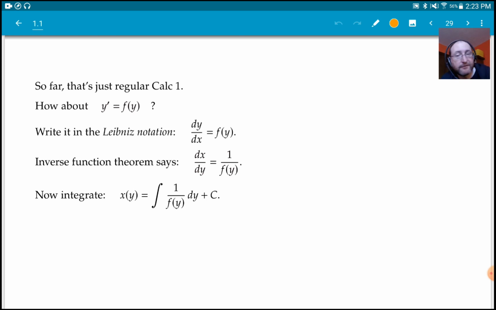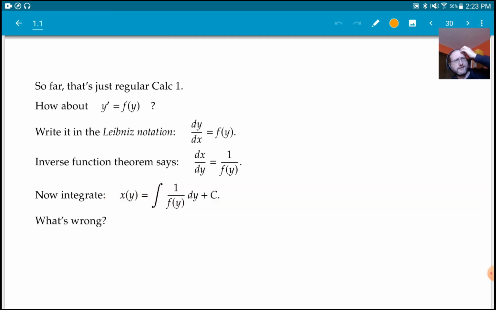And now we can integrate, right? So we write this down and say, well, we're going to try to find some antiderivative, maybe in terms of a definite integral, maybe not. However you figure out this antiderivative, that's x of y.